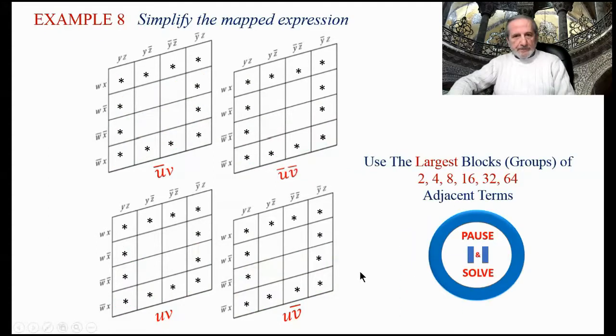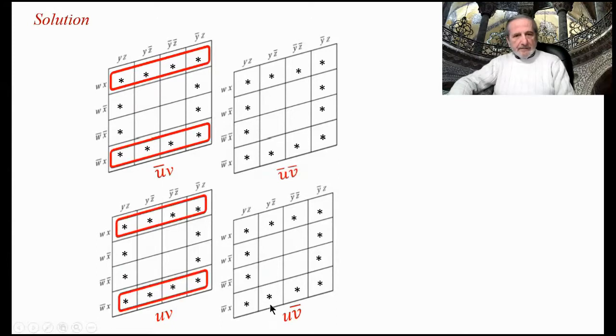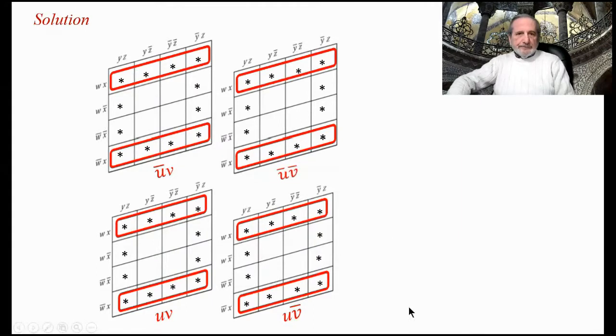Now, your turn. This one here is a little bit more difficult to see, but you can combine these 32 terms, u, v, u bar, v bar cancel. Look at one of the tables now.